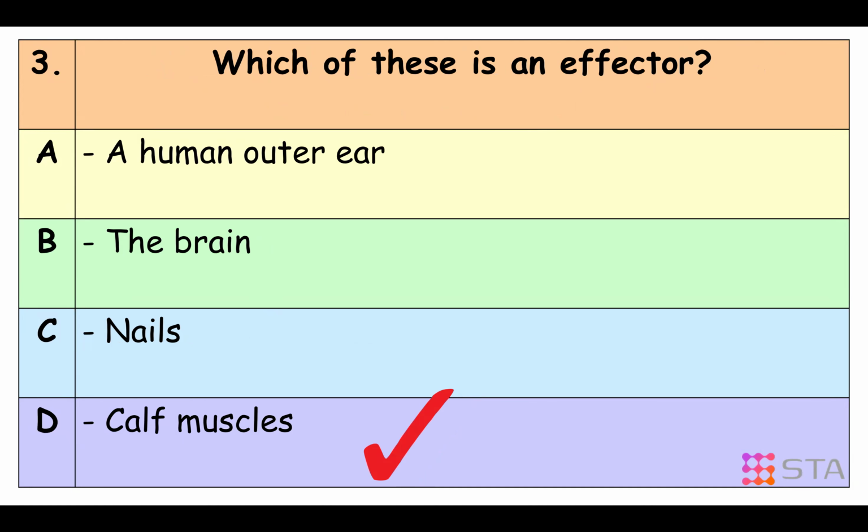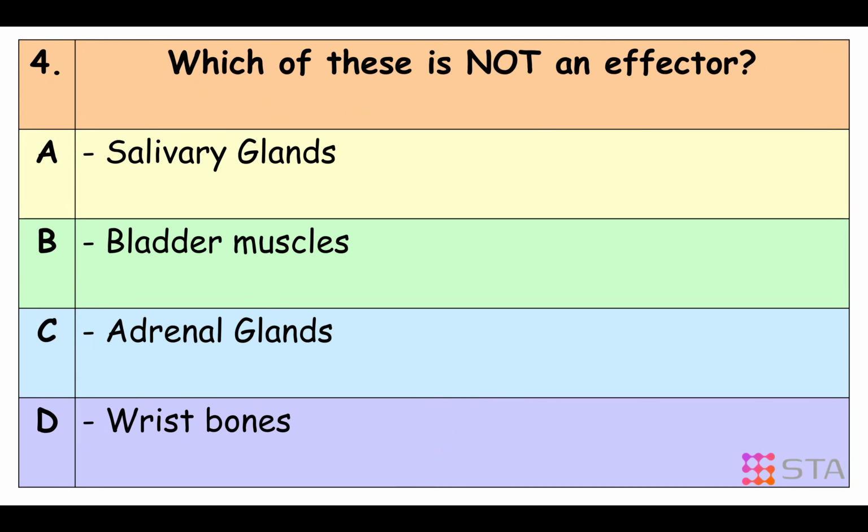Number 4. Which of these is not an effector? And the answer, of course, is D. Why is it D? Just try and justify that to yourself, because an effector is a muscle or a gland.